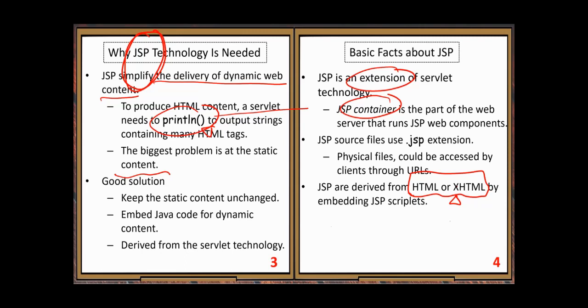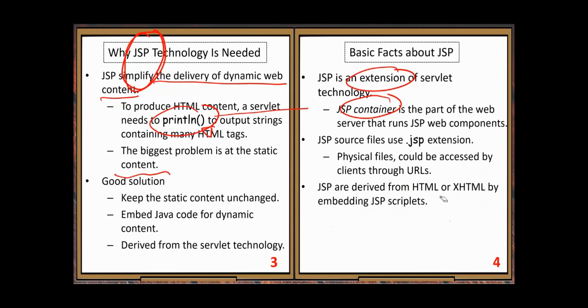By embedding JSP scriptlets. Here we have a terminology, scriptlets. For the JSP code segment, we want to give it a name, so we call it a JSP scriptlet, and we embed it into HTML content.